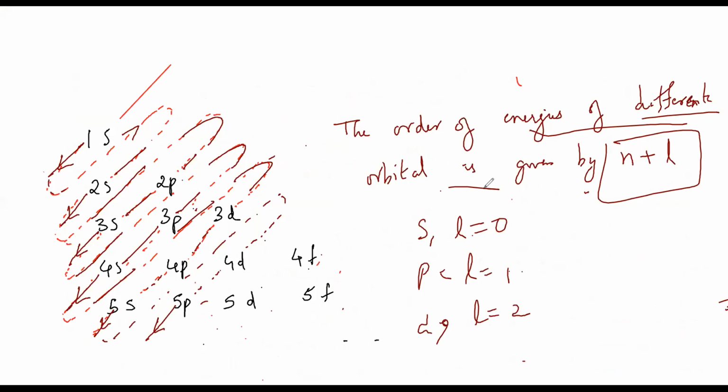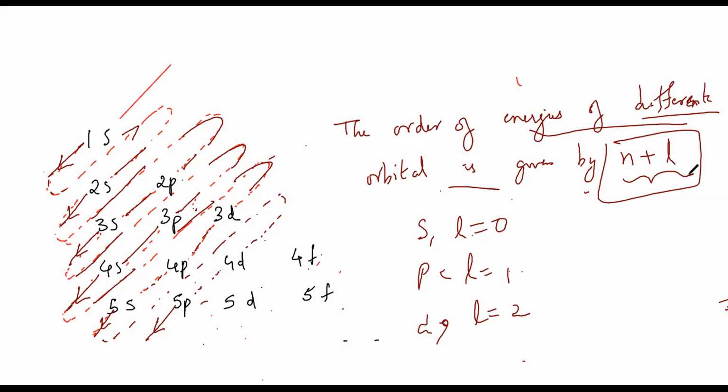The one which I gave as a definition is different from what is in the question. What does this infer? The order of energies of different orbitals: if n plus l is high, then it will be a higher energy level.